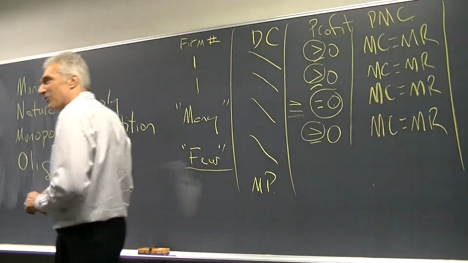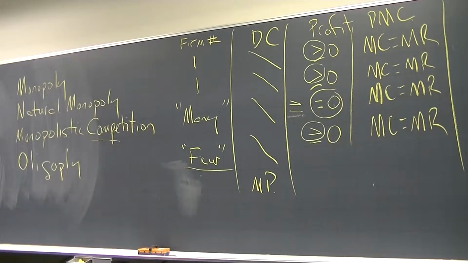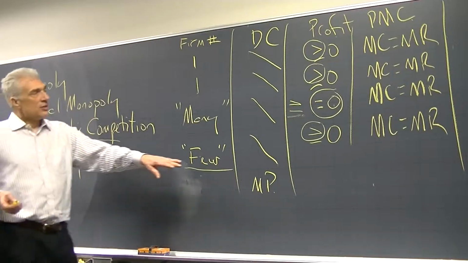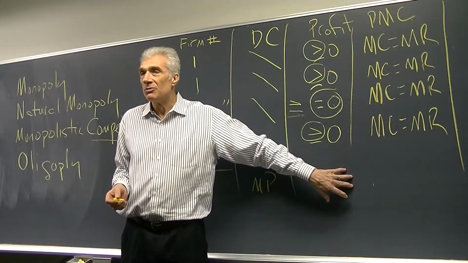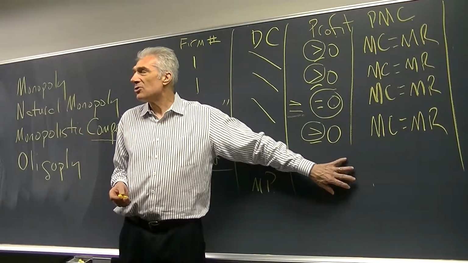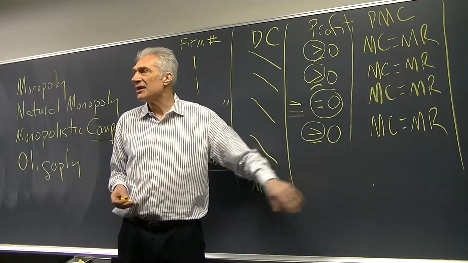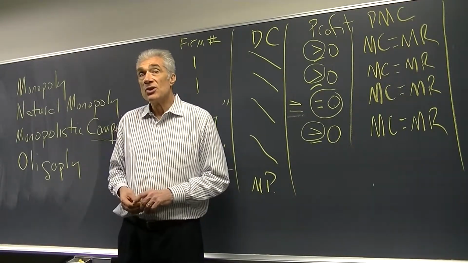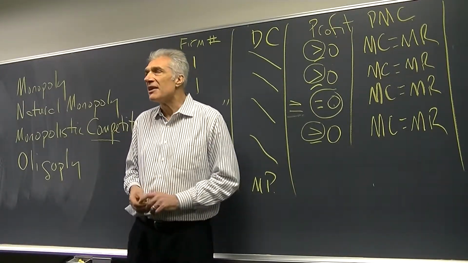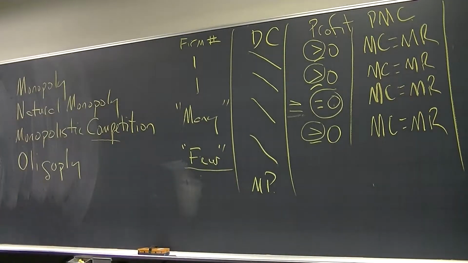How do you get the difference? That's what we want to do. But the first thing, question 11, is just wanting you to realize that most of the basic underlying conditions are the same. So what's different about each of these industries?